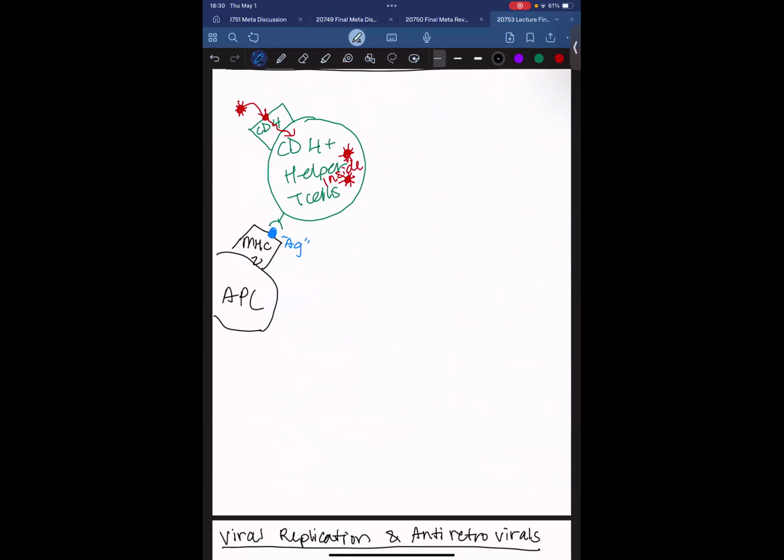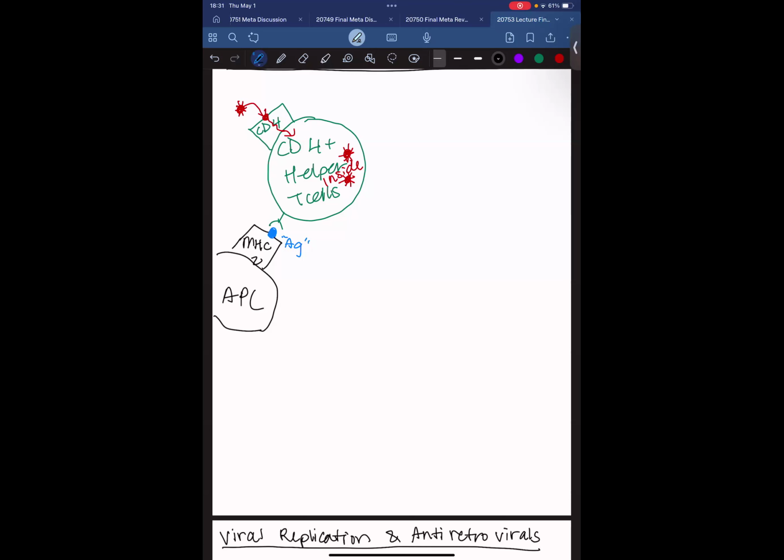We're making copies of the cell, right? In order to make copies of the cell, you have to have genetic information to copy the cell and make all of its parts. So if these are eukaryotic cells, what part of the cell is that genetic information located in? Nucleus, right? So this is a nucleated cell.